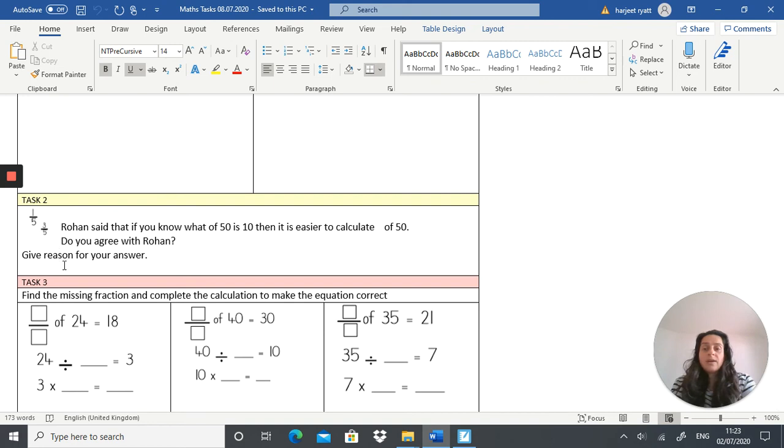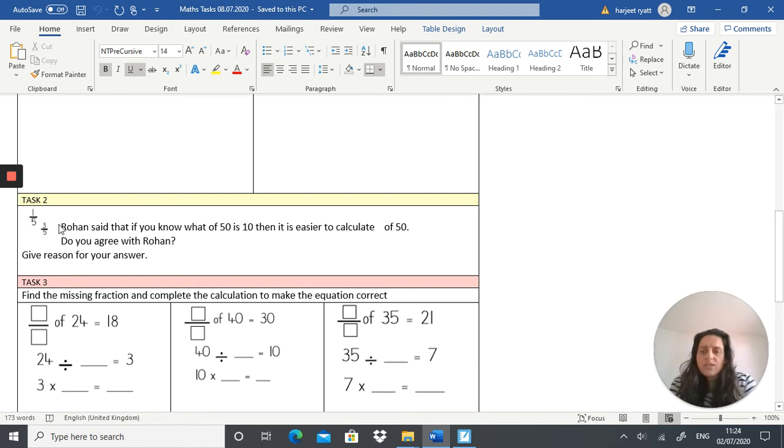Task 2 says 1/5 and 3/5. Rohan said that if you know that 50 is 10, then it is easier to calculate 1/5 of 50. Do you agree with Rohan? Give reasons for your answer.